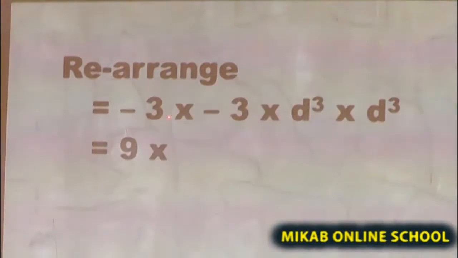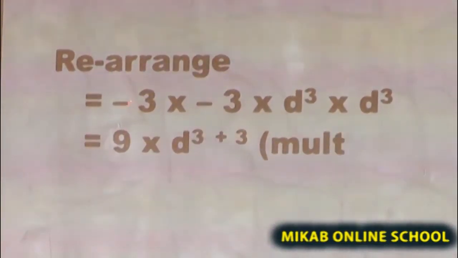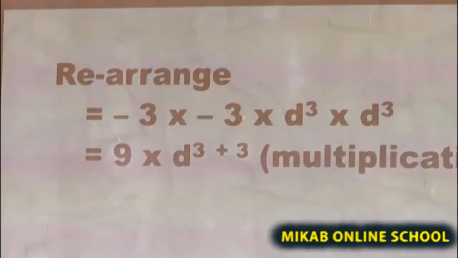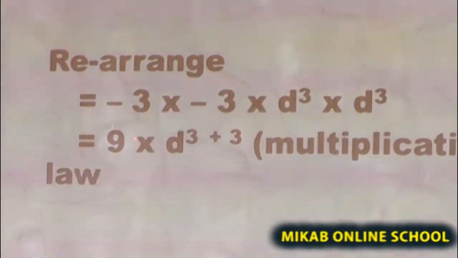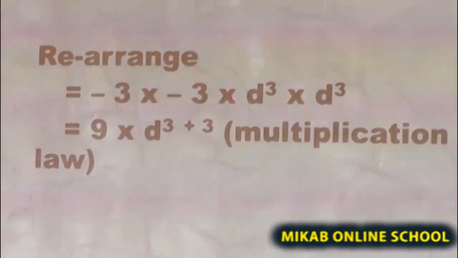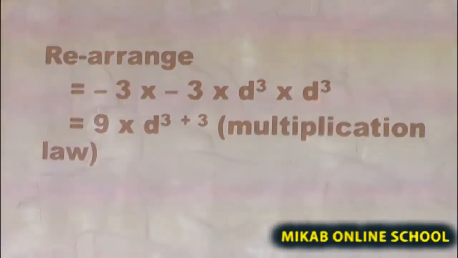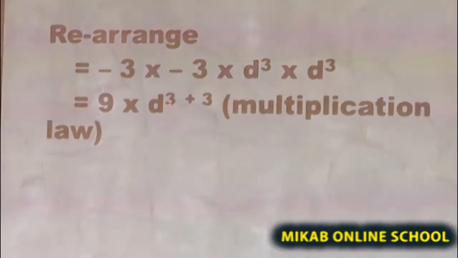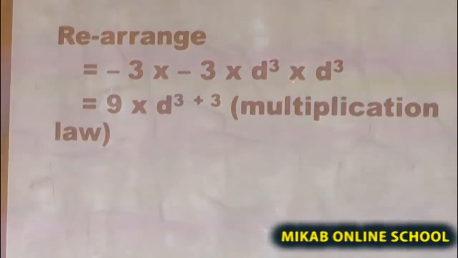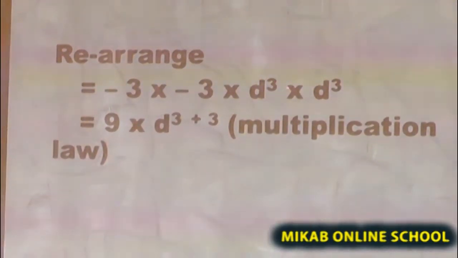By the time you multiply this -3 by this -3, this minus will strike this minus, and 3 multiplied by 3 is going to give us 9. And by the time you apply the multiplication law here, we are going to pick one out of these 2 bases and write it down. The connectivity here is multiplication, so we are going to add the powers.